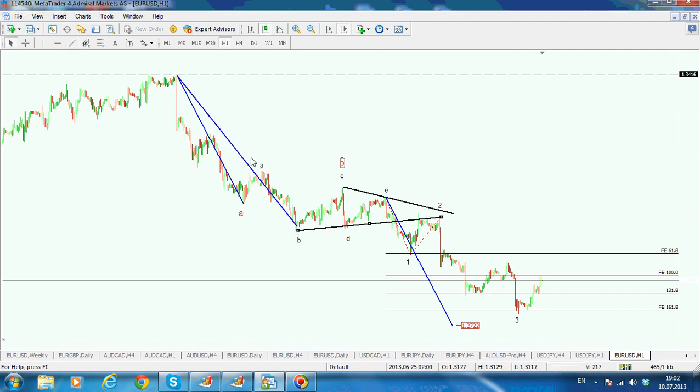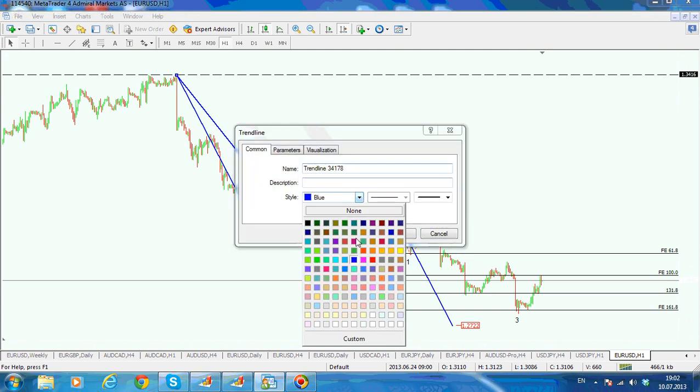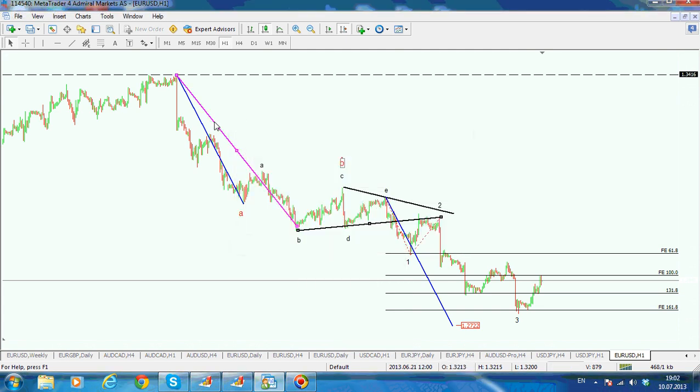So this should be your first wave, and then from here you are looking for an approximate move to the downside, still pointing towards a new low. So this is 1, 2, 3, 4, and 5. I would consider this move.